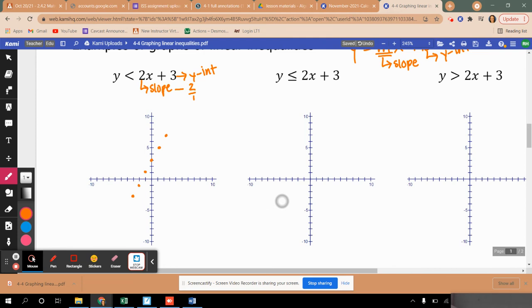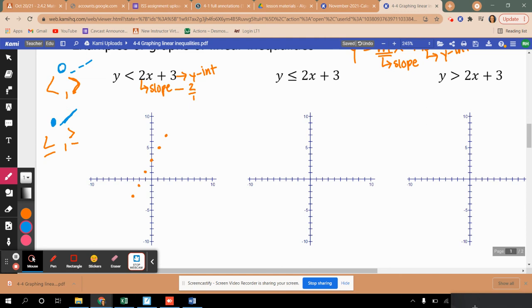So now what we need to be careful with is whether our sign is less than and greater than, or if it is less than or equal to and greater than or equal to. In the past, we had open circles versus closed circles. This time, we're going to have dashed lines versus solid lines, okay?